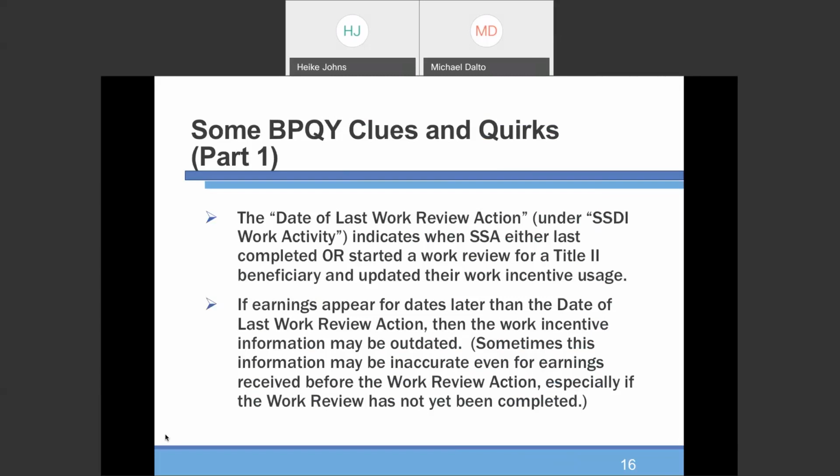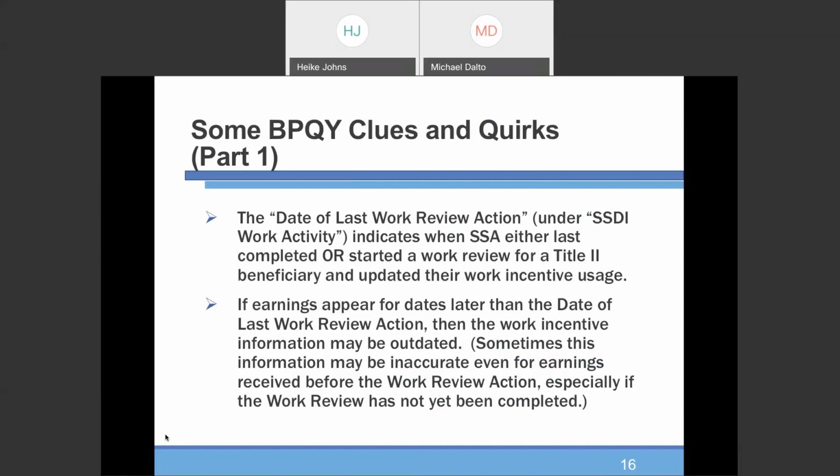Now, if earnings appear on the BPQY anywhere that are after the date of last work review action for somebody getting Social Security disability, then that means those earnings may not have been reviewed yet. And therefore, the work incentive information may be outdated.